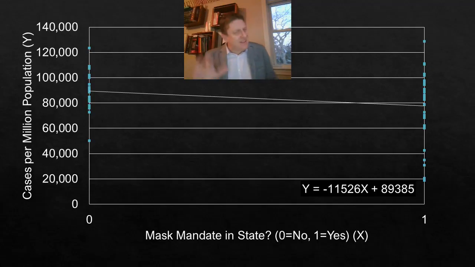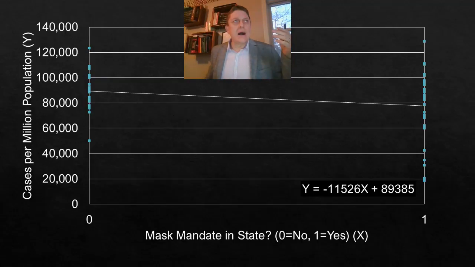Okay, so 77,859 cases per million people is better than 89,385 cases. But it's not all the way better, is it? I mean, it's still within the same order of magnitude.